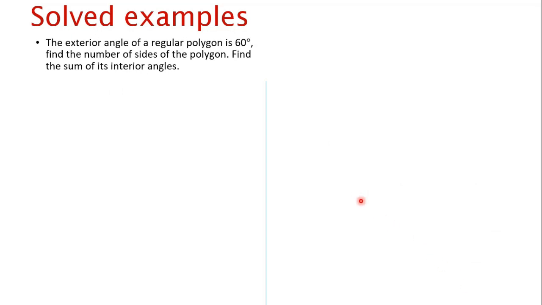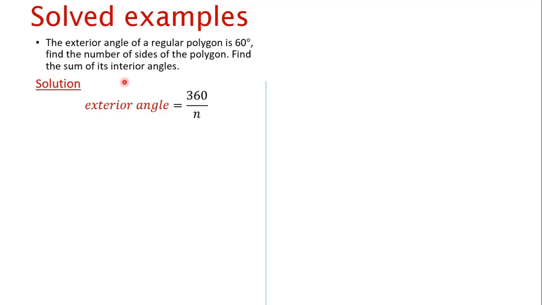The exterior angle of a regular polygon is 60 degrees. Find the number of sides of the polygon. Also find the sum of interior angles. So we have the exterior angle. We are asked to find the number of sides and also the sum of interior angles. So we know that exterior angle is 360 over n.